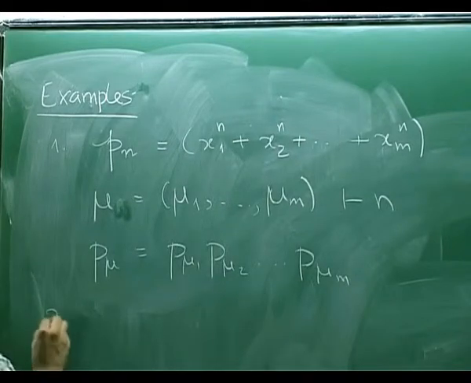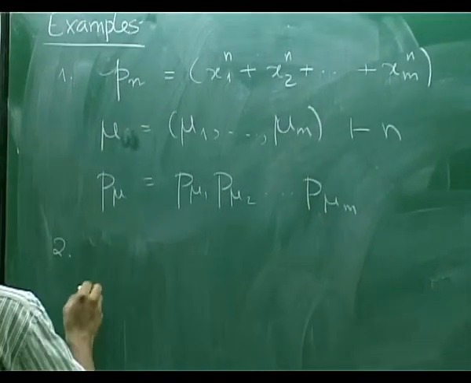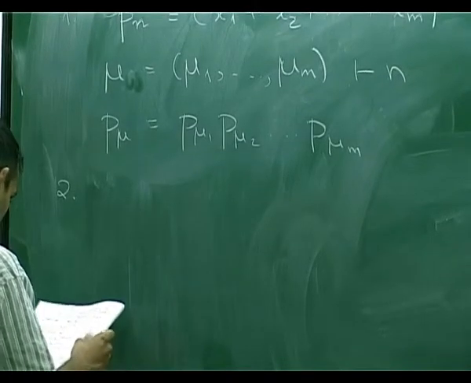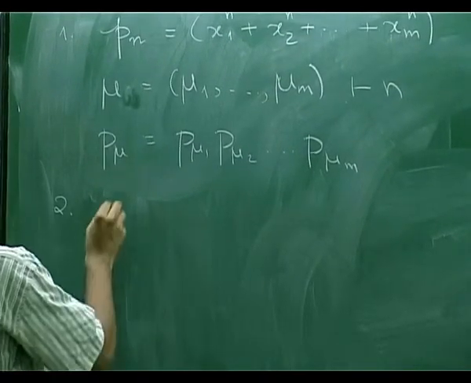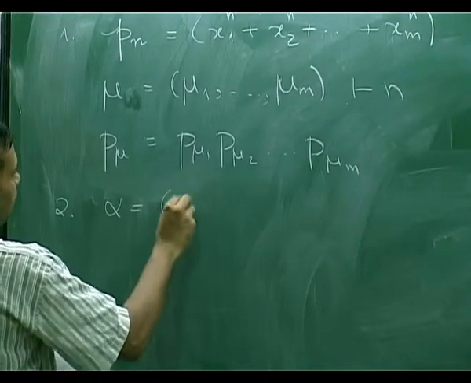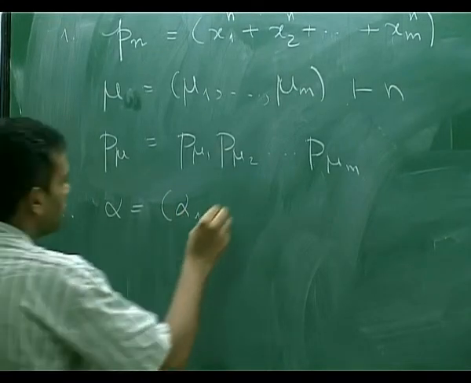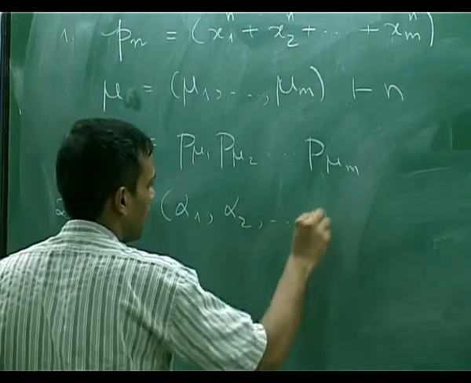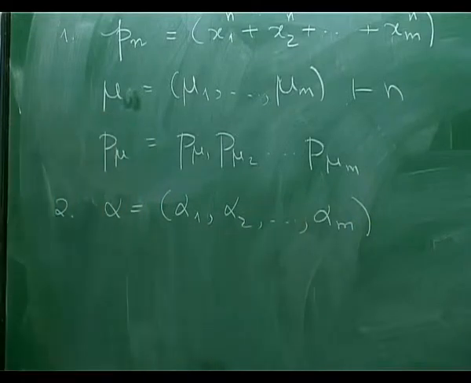And let's look at another example. These are the Schur functions. So these were defined by Cauchy as follows. Suppose you have an integer vector α1, α2, ..., αm, and we'll be assuming that these are non-negative integers.